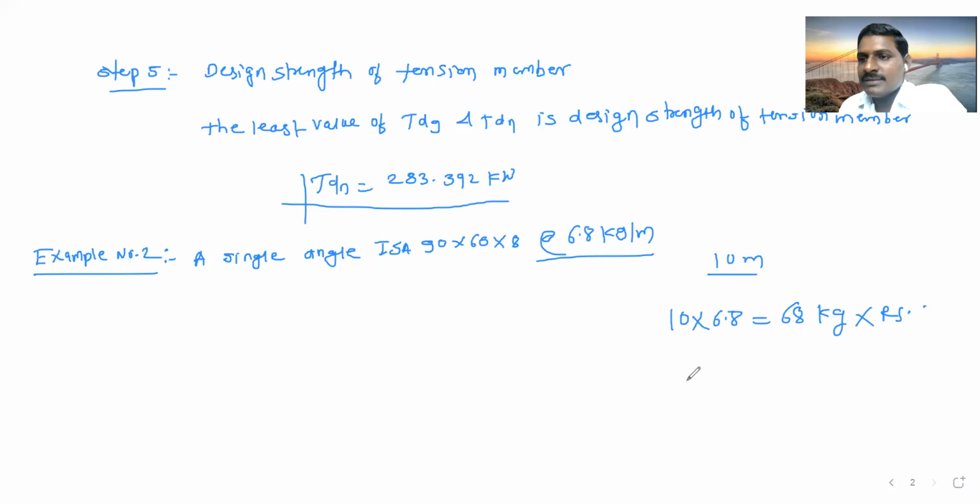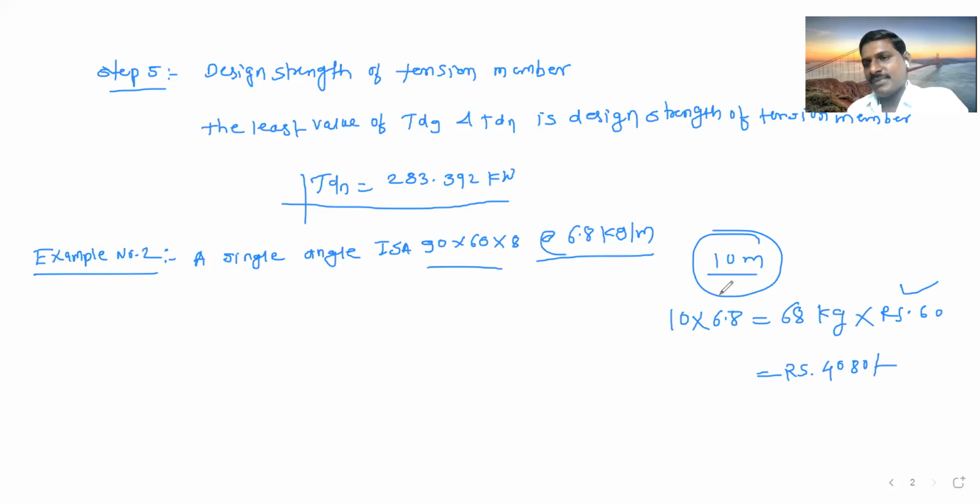If the rate is 60 rupees, then 68 into 60 is how much? 4080. So this 10 meter section will cost you this many rupees in the market, if the per kg rate is 60 rupees. If 1 kg costs 60 rupees, then 68 kg at 60 rupees is 4080. So in this way, as civil engineers, we purchase steel from the market.